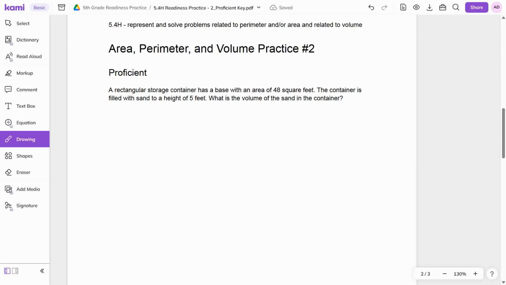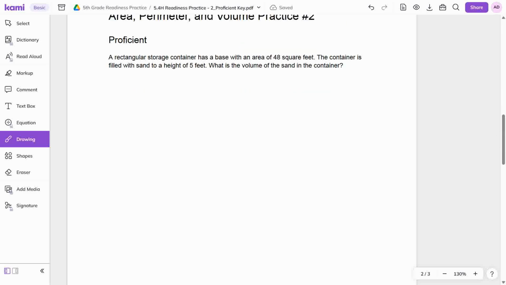Next, we have a rectangular storage with a base area of 48. It's filled with sand up to 5 feet, so we need the volume of the sand. So let's draw a three-dimensional shape. I'm going to draw a rectangular prism.